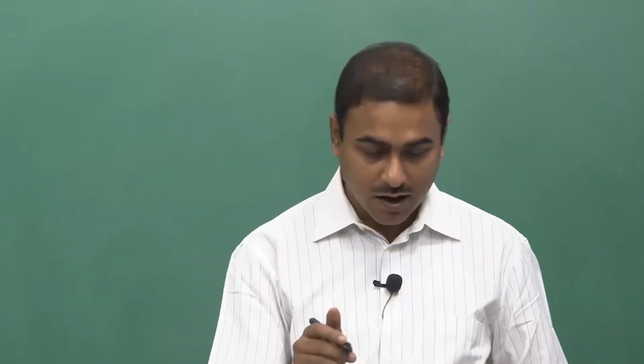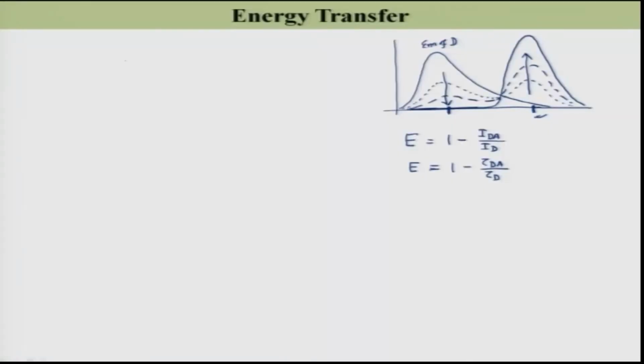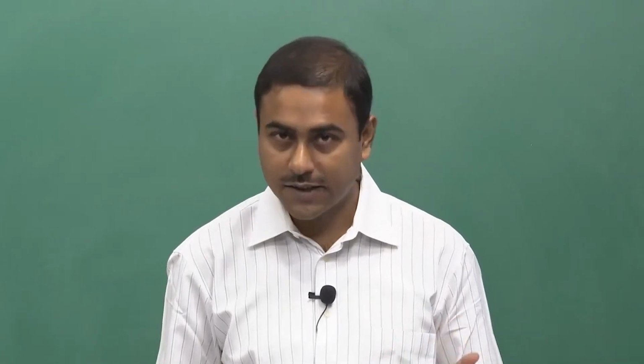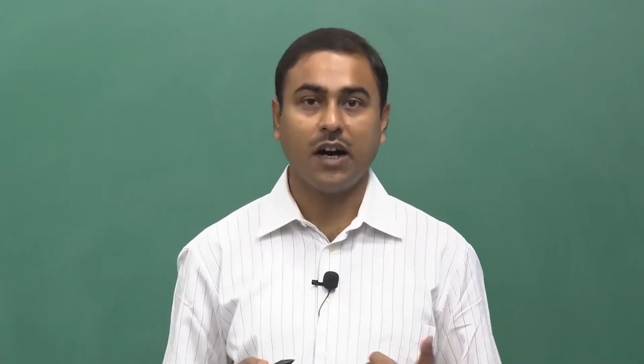Now I can do one thing. I can make a plot like this, where the y axis is my E and the x axis is my R, and now I can comment on that. What will be the value of E, that efficiency, as I change my R value?